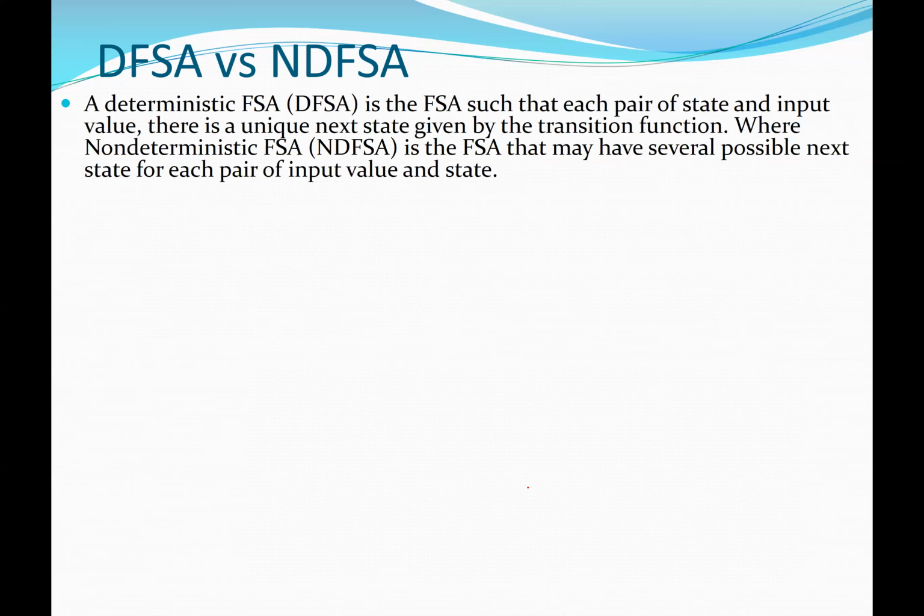It doesn't have a fixed number of options. If you look at the deterministic FSA, it just sends 0 or 1. So you can send 0 to S1 and then 1 to S2. That's it. But for non-deterministic, I can send 0 to S1, I send 0 to S2, and then I send 0 to S3, and then I decide to send 1 to S4, right? So that's non-deterministic FSA.